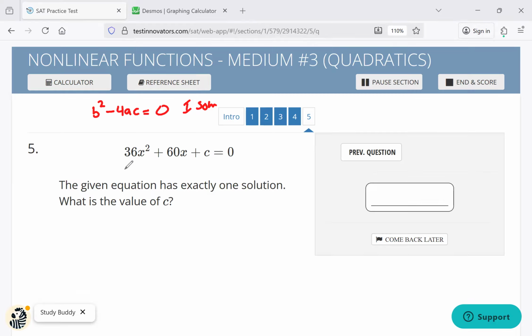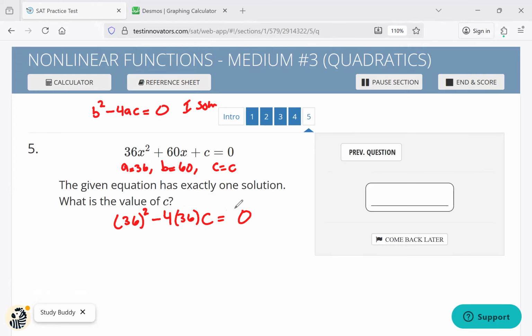So let's try to do that. My a is going to be 36, my b is going to be 60, and my c is just going to be c. So put that in the formula. b squared is 36 squared minus 4 times a is 36, c is c. And we set that to 0.